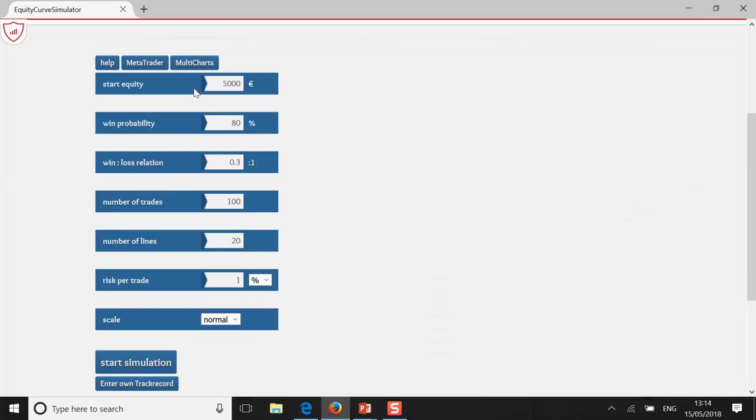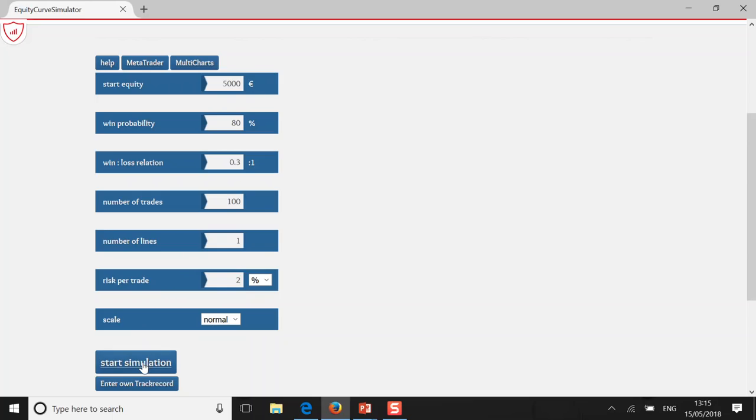Let's run this for 100 trades, and let's run this as 2% of your bank. So basically, as the bank goes up, the size of your trade goes up. And if the bank goes down, then the size of your position sizing goes down. So 2% of your bank at any time.